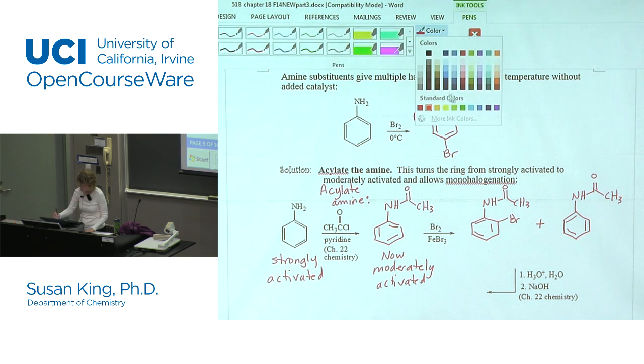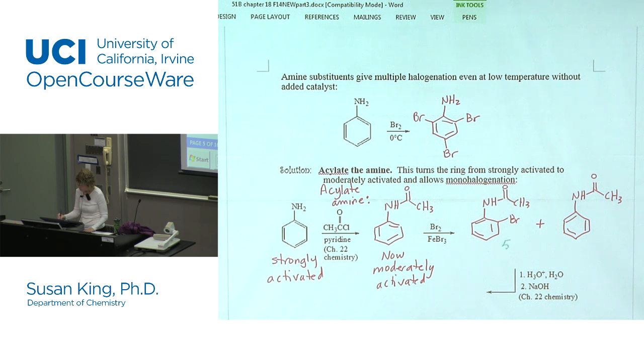So I do need to put my bromine there, don't I? So 95% para. This is sterically hindered. Therefore, mostly para.